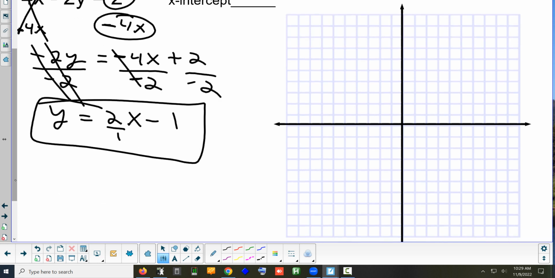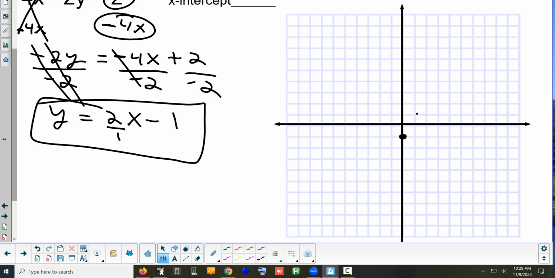Okay. What is my y-intercept? Negative 1. And from that point, can somebody tell me which way I go to get another point? Up 2 and over to the right 1.